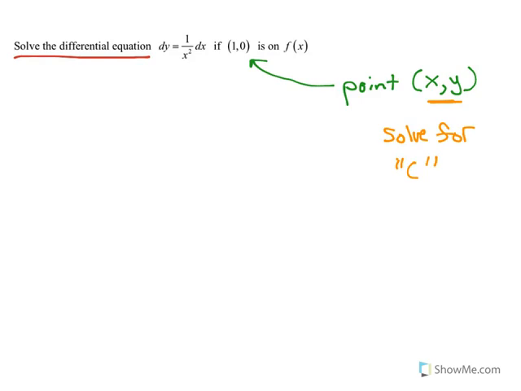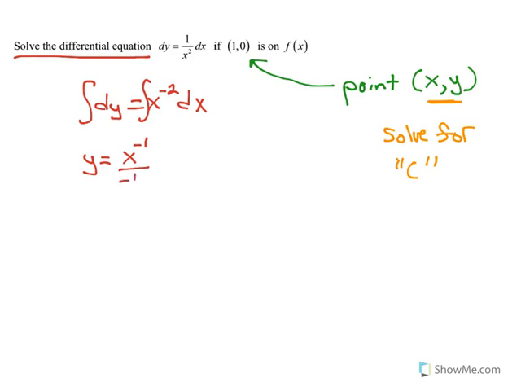So the x squared, I would bring that up as a x to the negative 2. And rewrite it first. And then we can antiderive. So the antiderivative of dy would be the original function y. And we're going to reverse our power rule, so we're going to go up to negative 1 and divide by the new power.